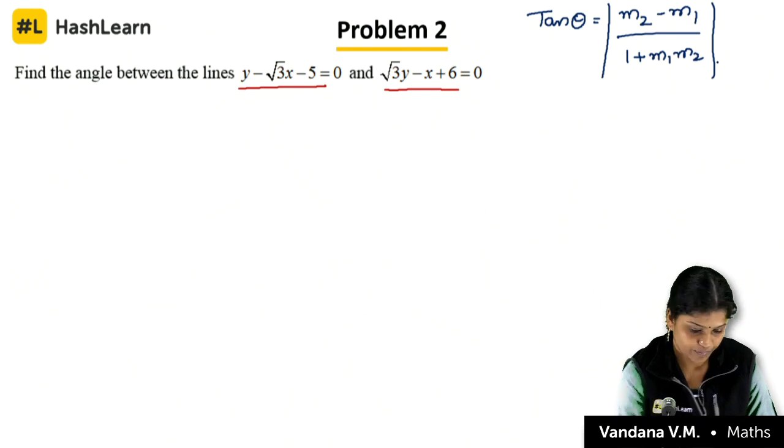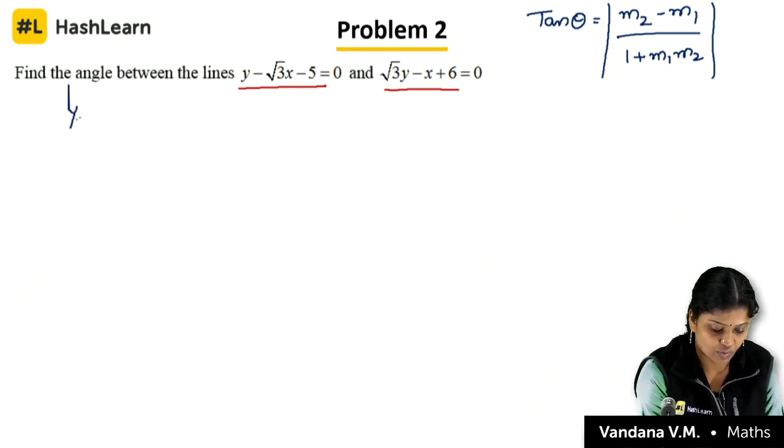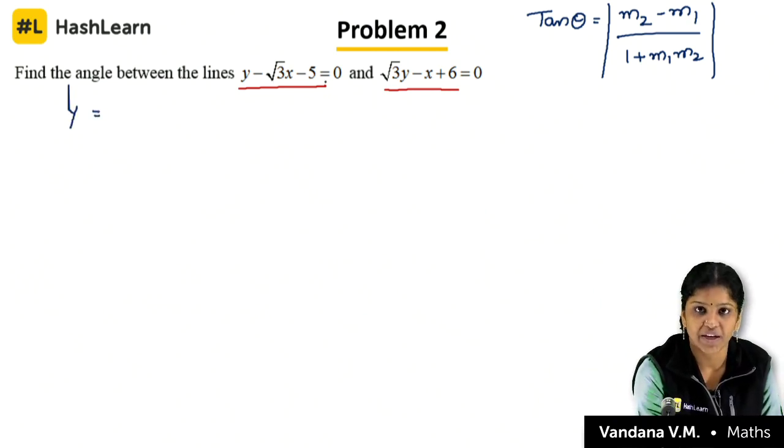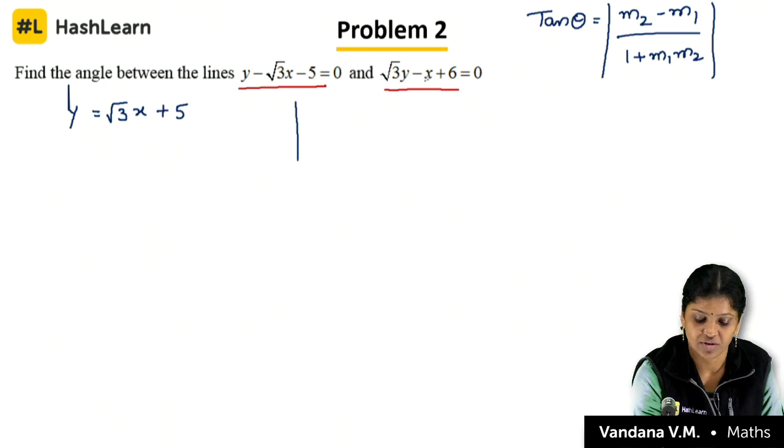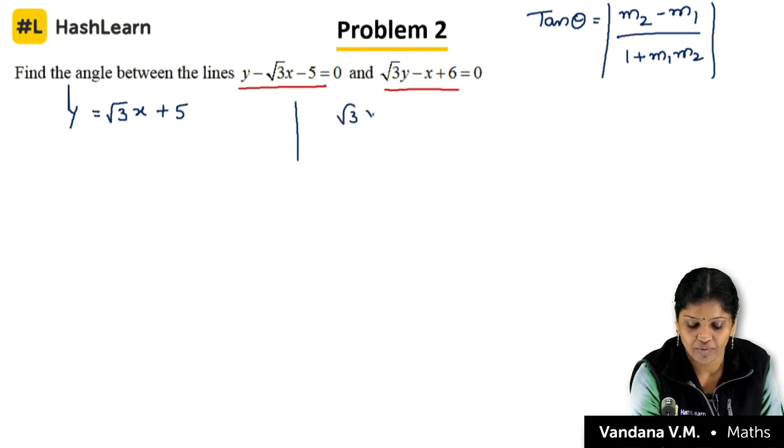Now, the given equation: y is equal to root 3x plus 5. This is your first equation. Root 3y is equal to x minus 6.